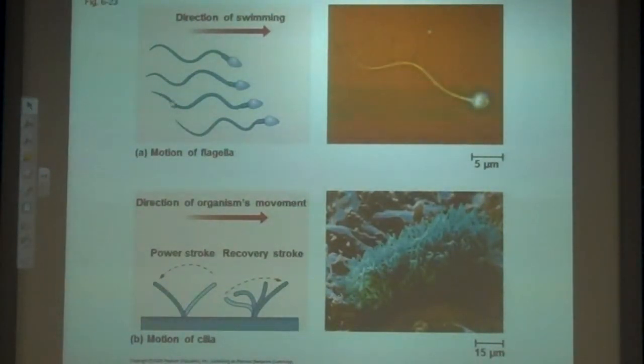So these are beating this way to go that way. These beat in the direction parallel to the cell. They stay in place, they don't actually move or come off. These go back and forth, whereas these undulate.